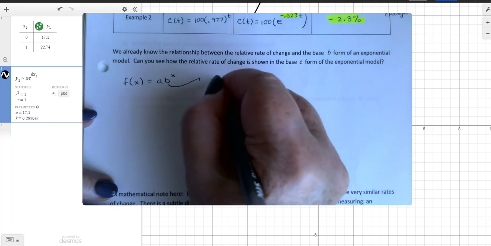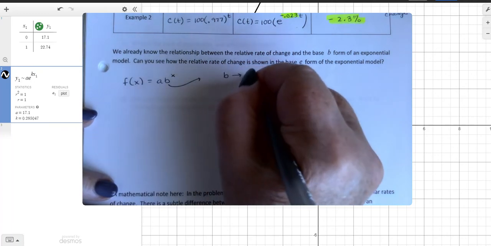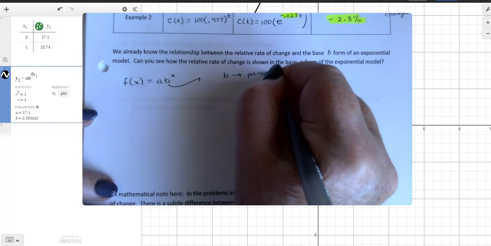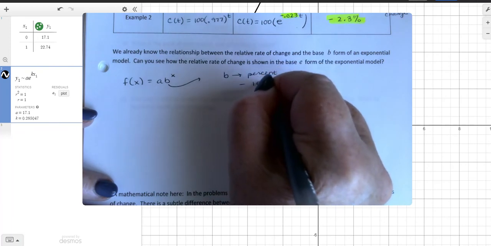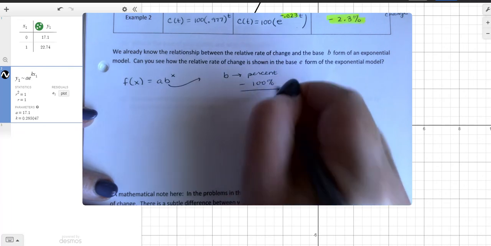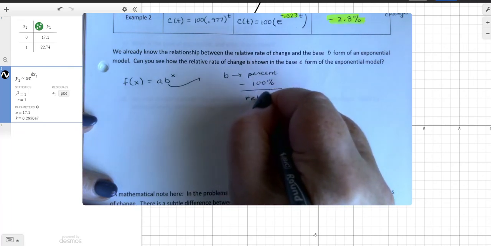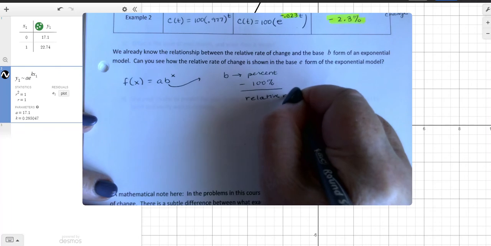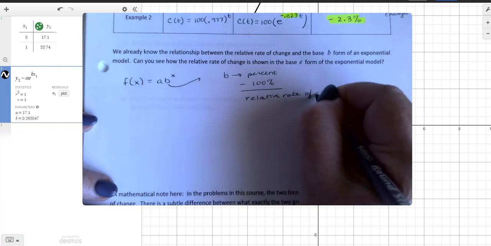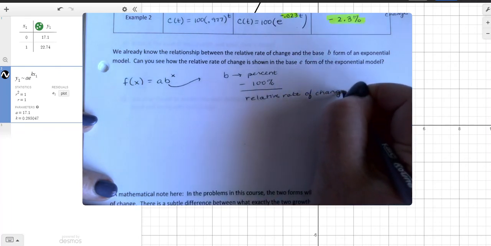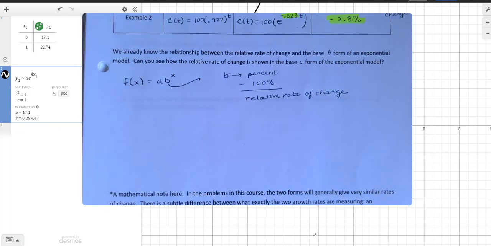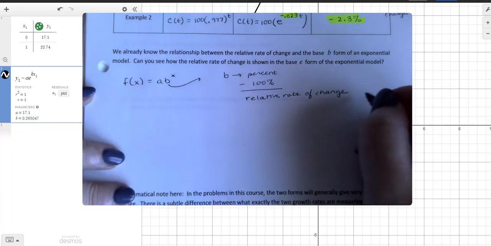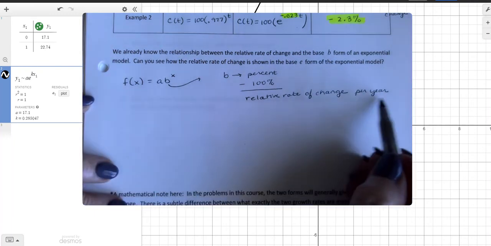Here we take our b, we change it to a percent, and we subtract 100% to get the relative rate of change. But that is per whatever your time units are, per year, per hour, per week, whatever your units of time are. I'm just going to say per year here, but know that that would work for any unit of time.